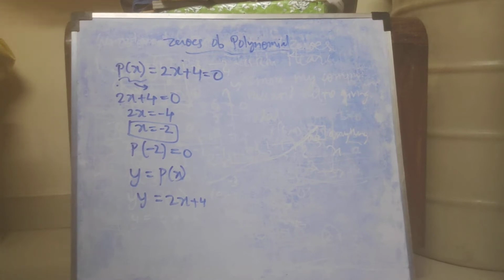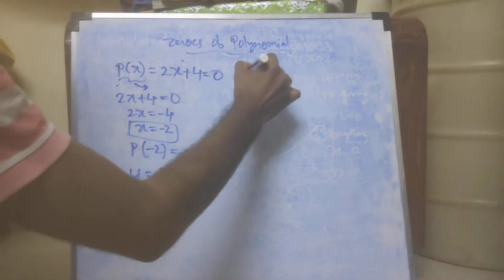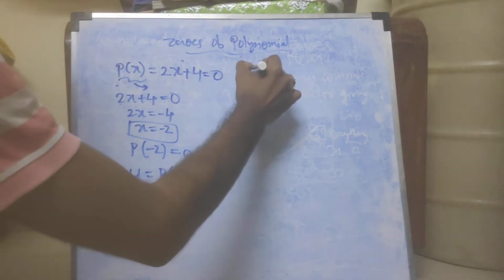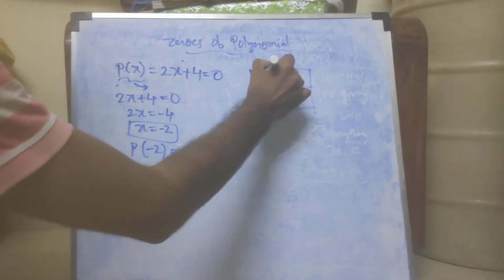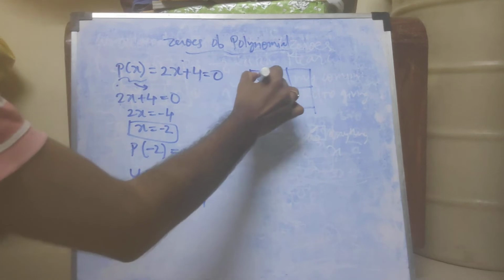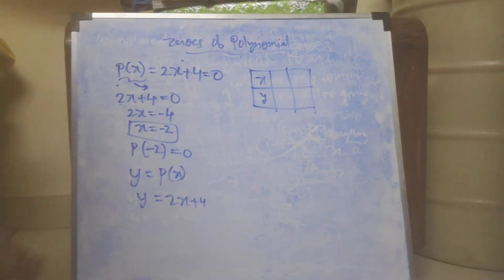Let's see how we will plot this. Generally for a linear polynomial, only 2 points are sufficient to plot the graph, since it turns out to be a straight line. Linear polynomials are of special interest because they give us a straight line, as you will study in higher classes.